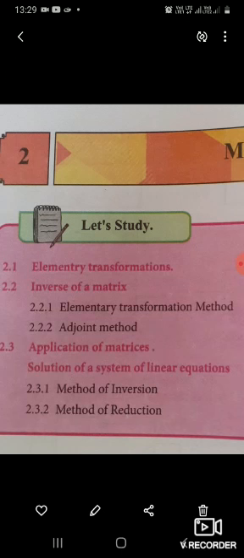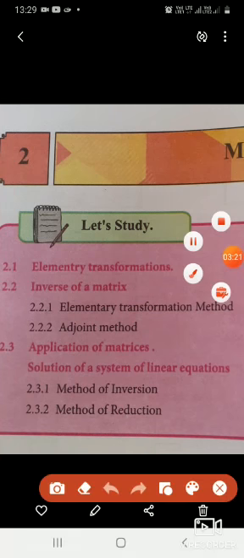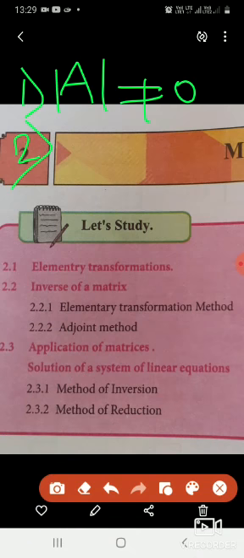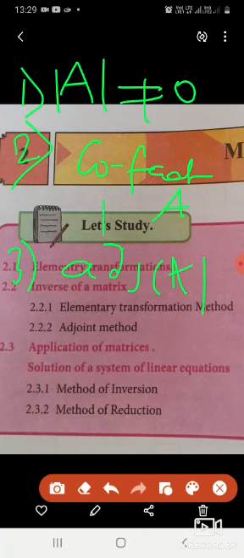Suppose a matrix A is given, so we have to find the cofactor of A. So the first step: if the determinant of the matrix is not equal to 0, it is non-singular, so its inverse exists. Second, we have to find the cofactor matrix of A. Then the third one is the adjoint of A. What is the relation between these two? If you take the transpose of the cofactor matrix, that will be the adjoint.